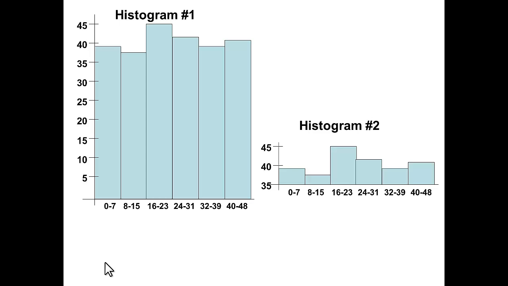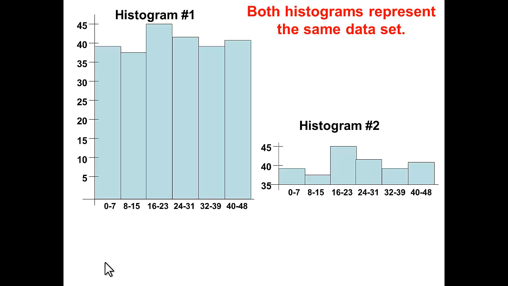Look at histogram number 1 and histogram number 2 and make some quick judgments about the data that they represent. What's the difference between the two data sets? Both histograms represent the same data. Did you catch that?